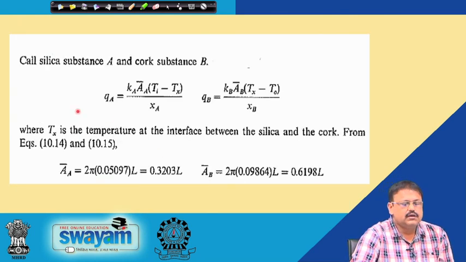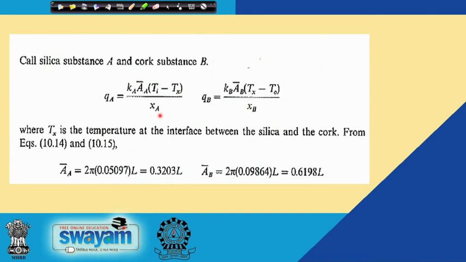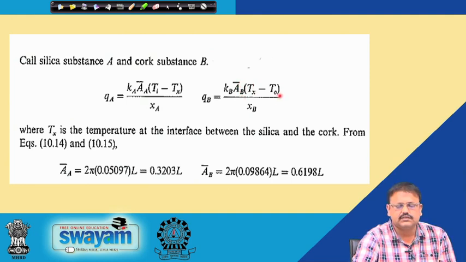Now we can directly put this into the equation Q A equals k A A into (T i minus T x) by x A, and Q B equals k B A B into (T x minus T 0) by x B, where T x is the junction temperature at the interface between the silica and the cork, and x is the thickness.